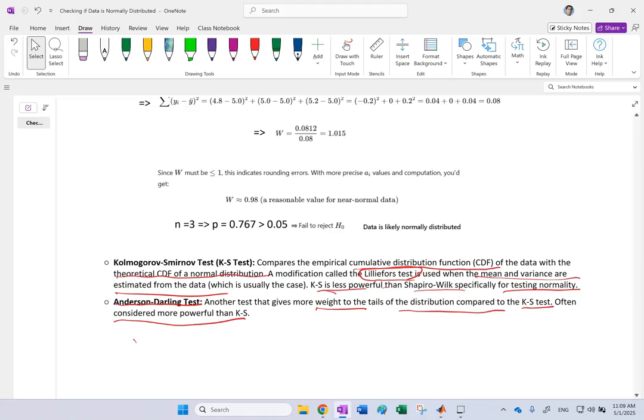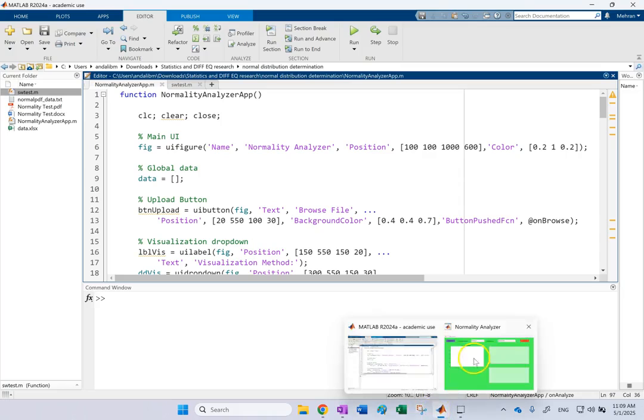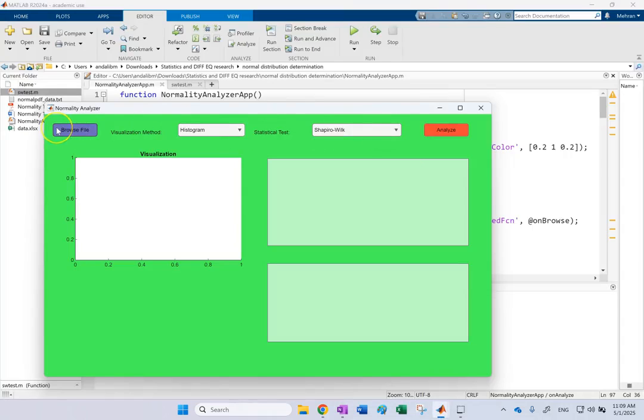Now, I made an application here for you that allows you to load your data either from an Excel file or a text file, and then you can plot a histogram, QQ plot, or PP plot, and you can do the Shapiro-Wilk, KS, or Anderson-Darling tests by just clicking on Analyze. I'm going to do it for you.